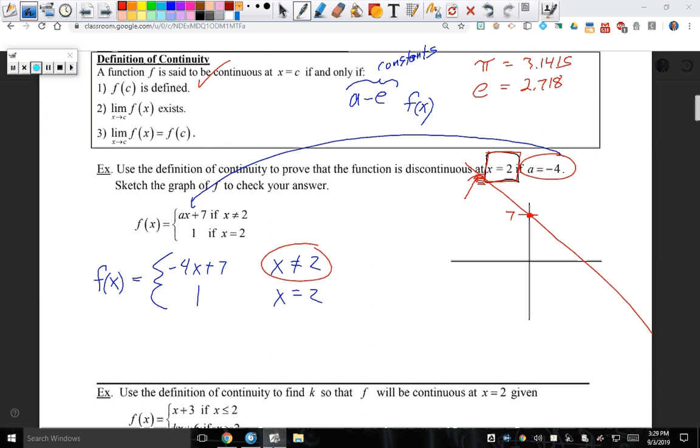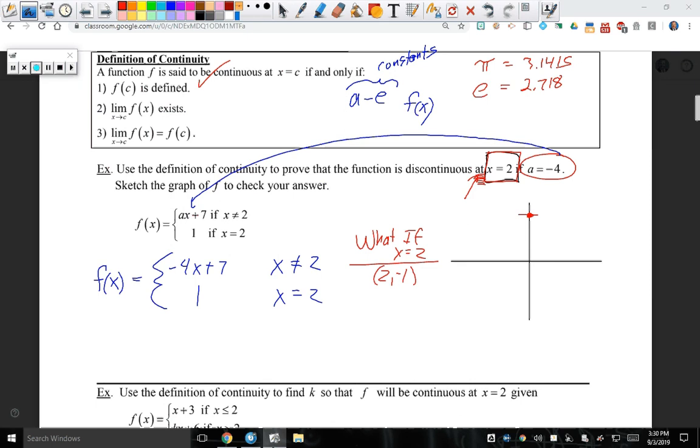So to me, in my head, what I'm thinking of, to make a better graph, I need to be thinking of the what if moment. Go with me? So what if, let me do it in red. What if x equals 2? Well, for here, if I put 2 right here for my input, I would get negative 1.